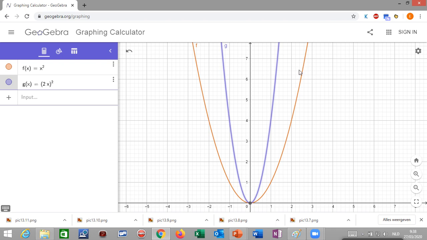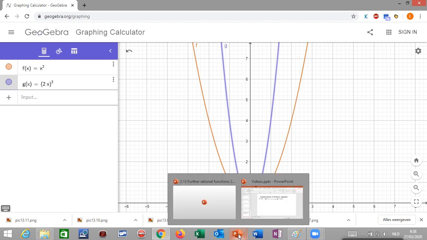So what I can see is a compression in the horizontal direction, so in the x direction, with a factor 2. So this distance becomes half of it. This distance becomes half of it. This distance becomes half of it.